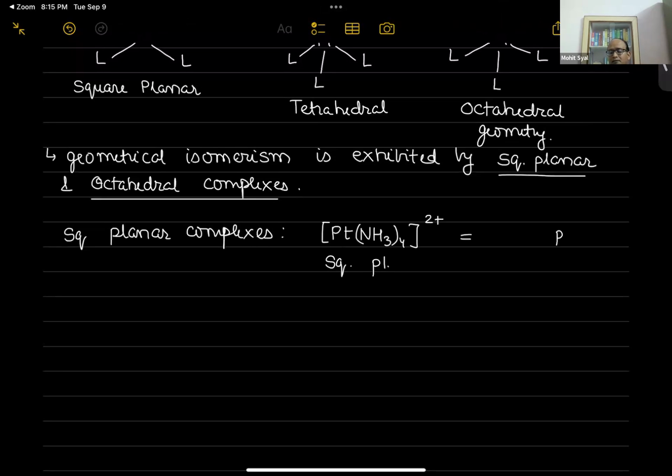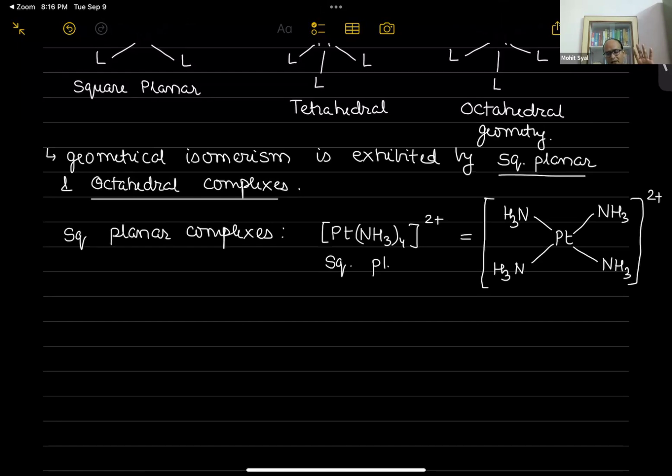It is platinum, and there are four NH3 groups.